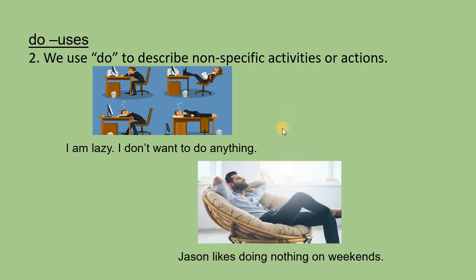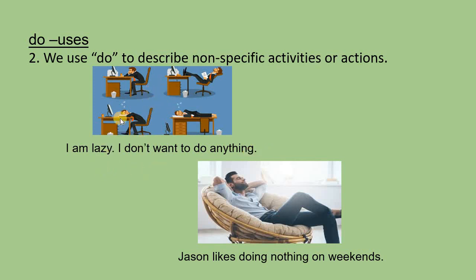And there are lots of words like thing, something, anything, nothing, what, everything. So when we see these words, then we know that it is a non-specific activity. Clear, guys?